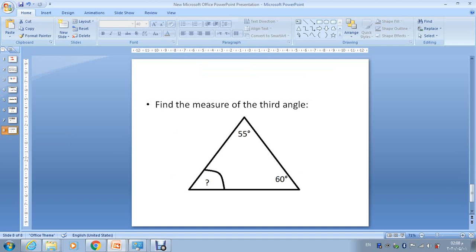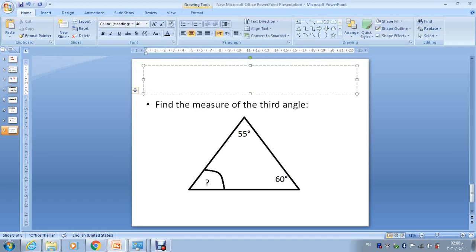Let's go for the third example. Find the measure of the third angle. If I have two angles and I know them, 55 plus 60, I add them together directly. 55 plus 60 equals 115.